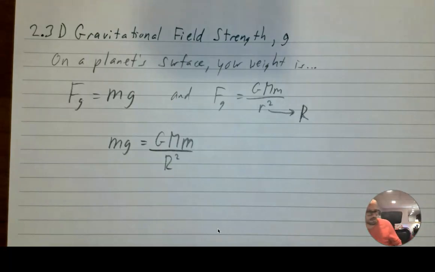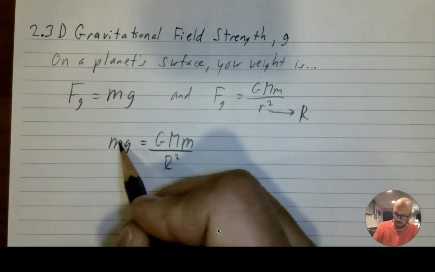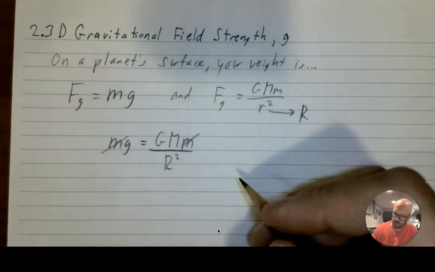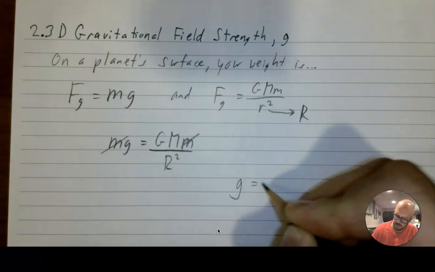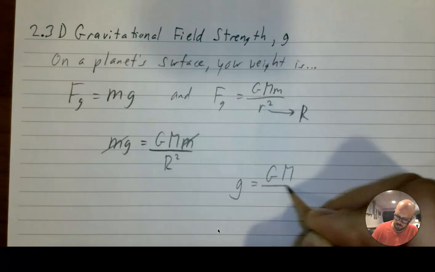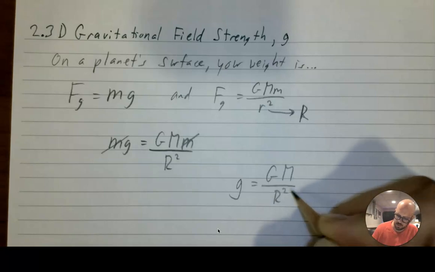And you will notice that the variable little m appears on both sides of this equation. So I can divide both sides by m, and that goes away. And I get this equation: little g equals the gravitational constant times big M over R squared.